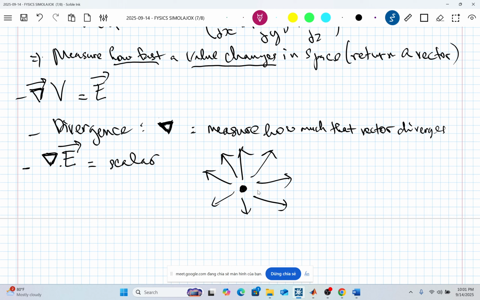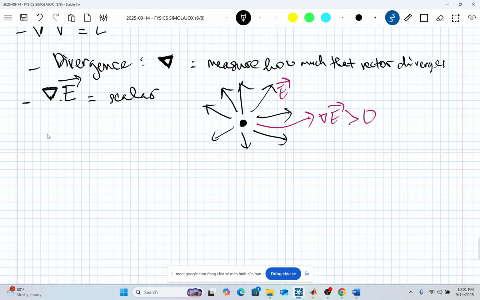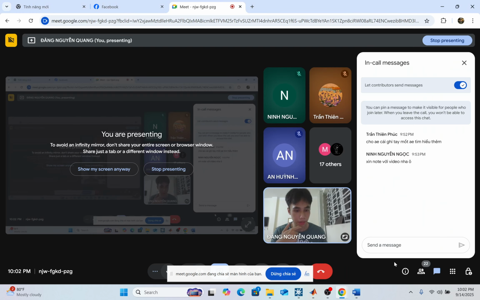So at this point, the divergence of vector E will be positive. Okay, divergence measures how much the vector field diverges from a point. And in the opposite case, if I have a point and every vector is pointing at it, then the divergence is gonna be less than 0. Okay.